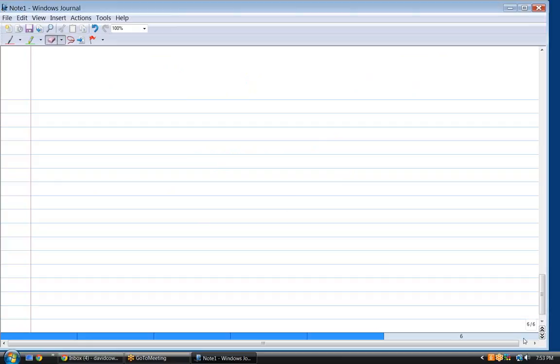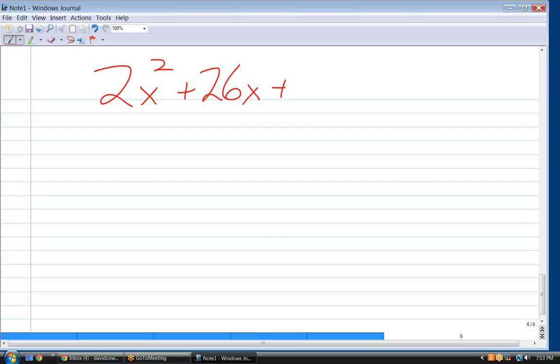Okay, the next one is 2x squared plus 26x plus 80. First step? 2 goes into 26 and 80, so it's going to be 2.